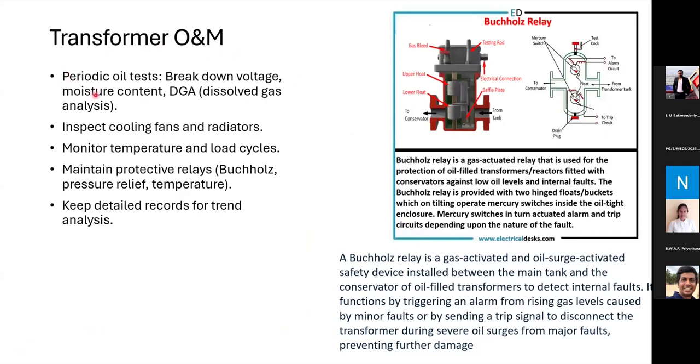So we need to do tests for breakdown voltage, moisture content, and dissolved gas analysis, because with the operation, air bubbles can appear in the oil, and if these air bubbles increase, you can have problems with the breakdown voltages. You need to inspect the cooling fans and the radiators of the transformer.